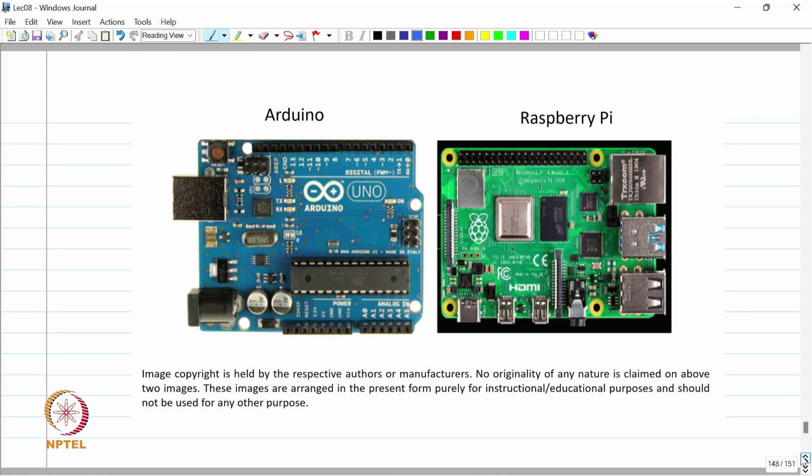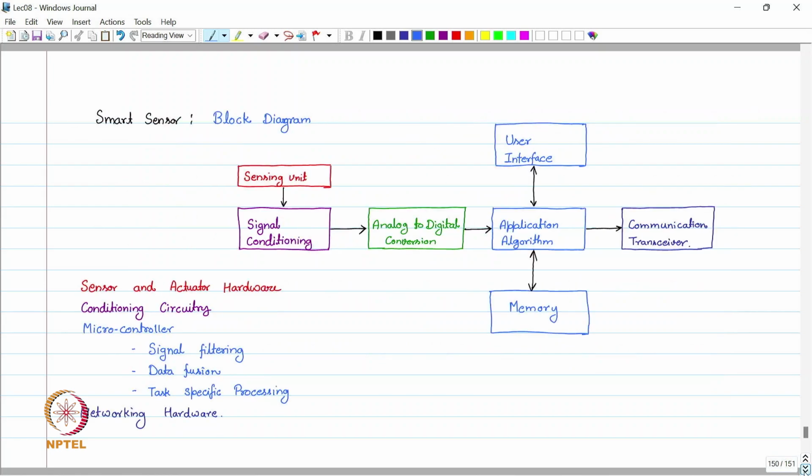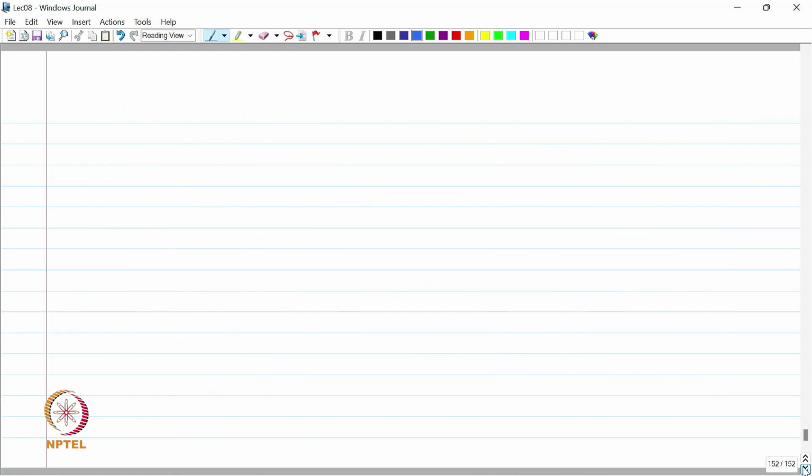So let's discuss the difference between Arduino and Raspberry Pi. On one side we write Arduino, and the other is Raspberry Pi.